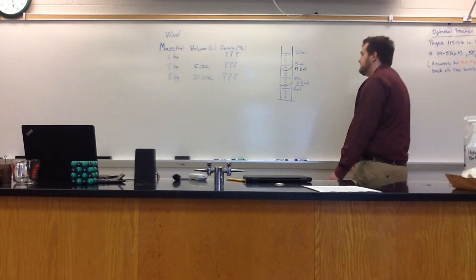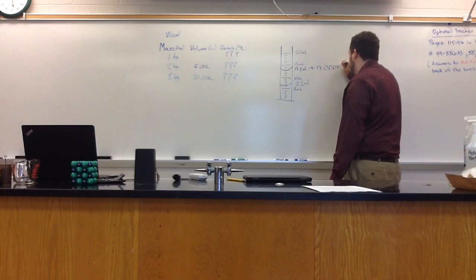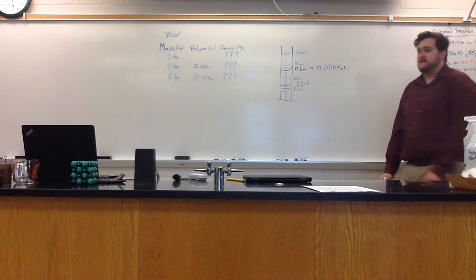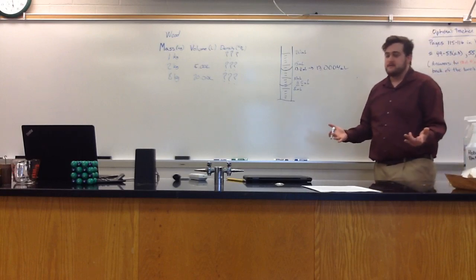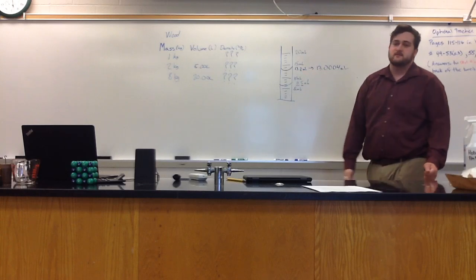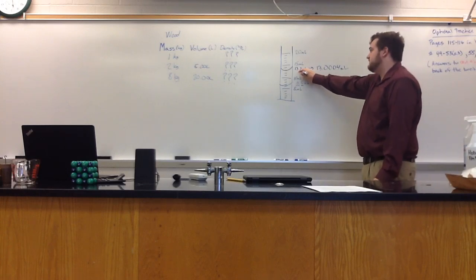Now, could I say that this is 13.0004 or something like that? Theoretically, but in all actuality, we really can't, because this graduated cylinder is not made to measure past that point. We can only really be uncertain about this digit.